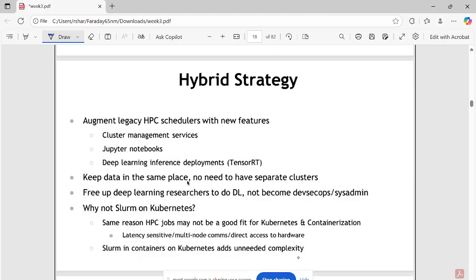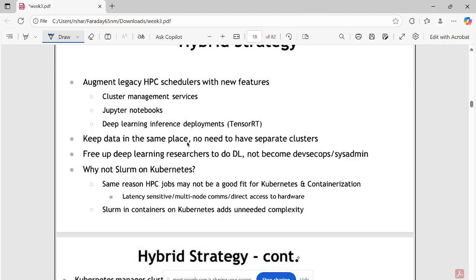Now the idea of a hybrid strategy. We have the augmented legacy of the HPC schedulers with the new features. We have cluster management services, Jupyter Notebook, and deep learning inference deployment.